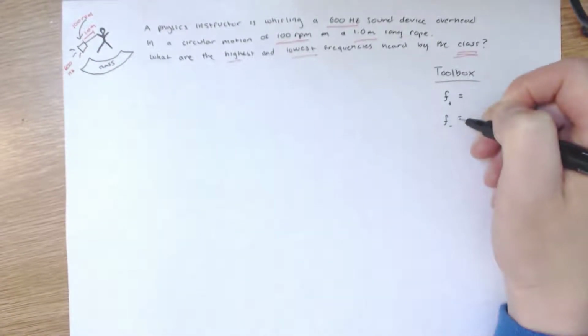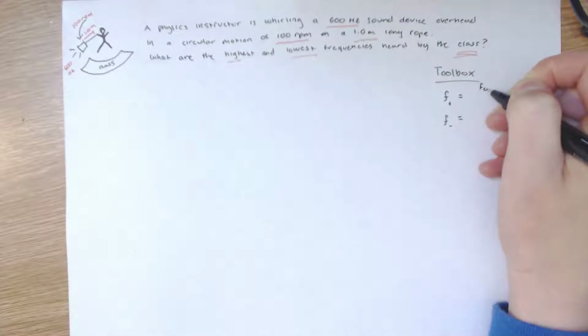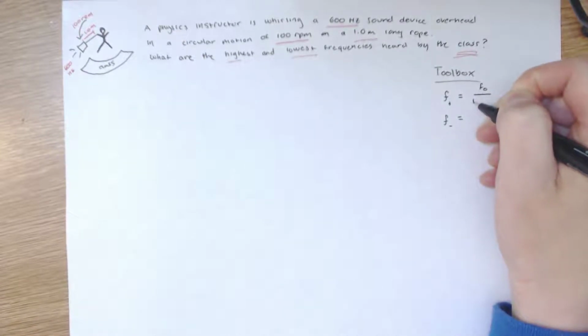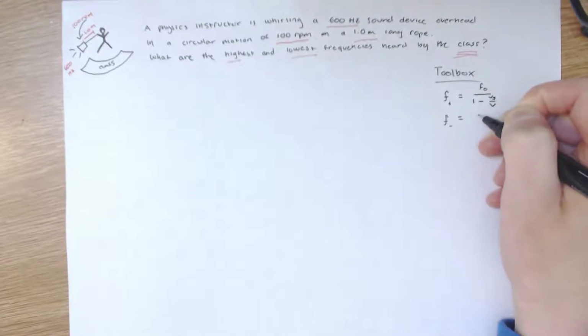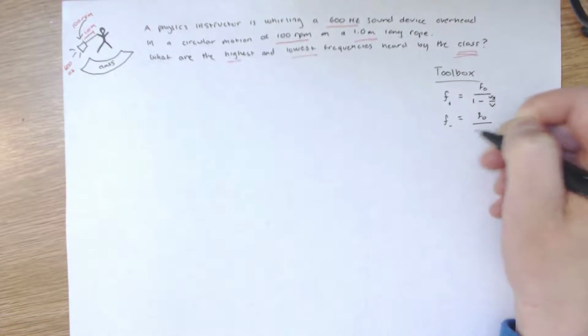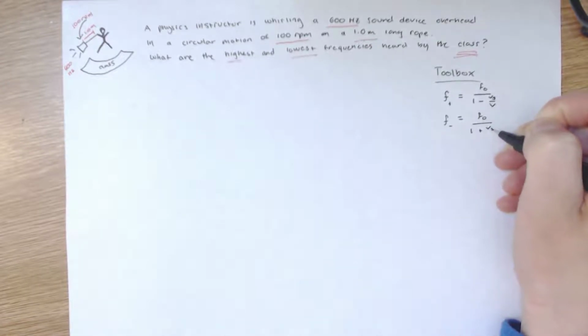The F plus would be F naught over 1 minus V sub S over V. And then the F minus would be F naught over 1 plus V sub S over V.